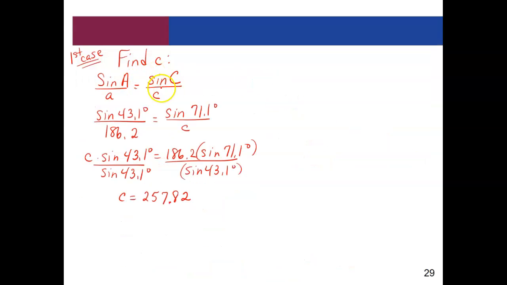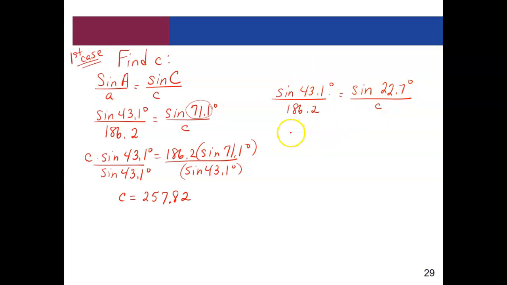We're going to do this in exactly the same way. We're going to use the sine of A over A equals the sine of C over C. The difference is that instead of using this angle C, we're going to use the other angle C. So if you'll give me just a minute to get this copied. Our other angle C was 22.7.